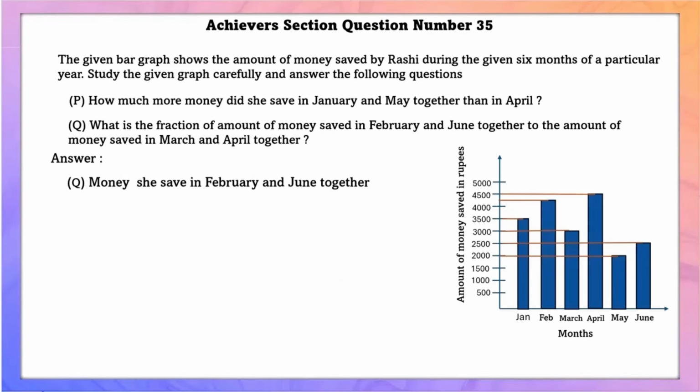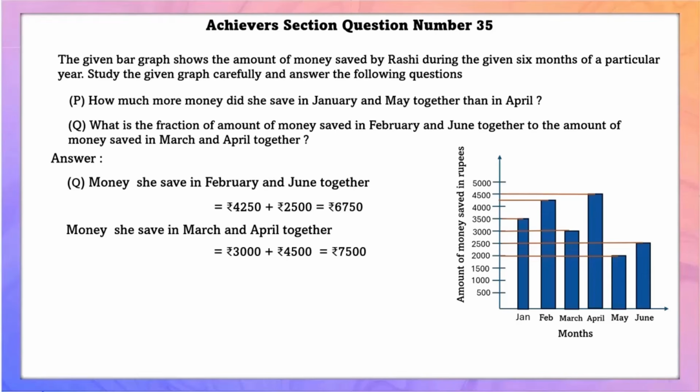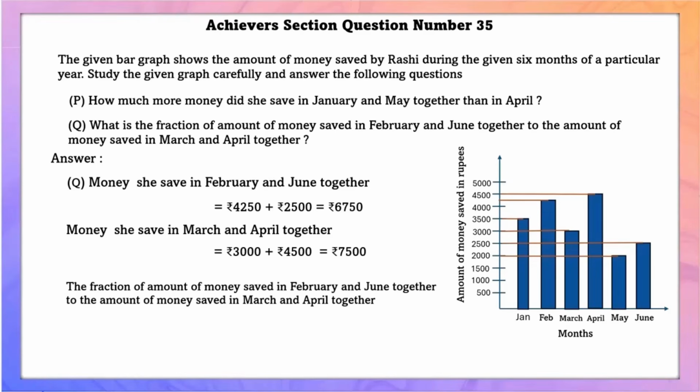Money she saved in February and June together is equal to 6,750. Money she saved in March and April together is equal to 7,500. The fraction of amount of money saved in February and June together to the amount of money saved in March and April together is equal to 6,750 by 7,500 is equal to 27 by 30, which is equal to 9 by 10.